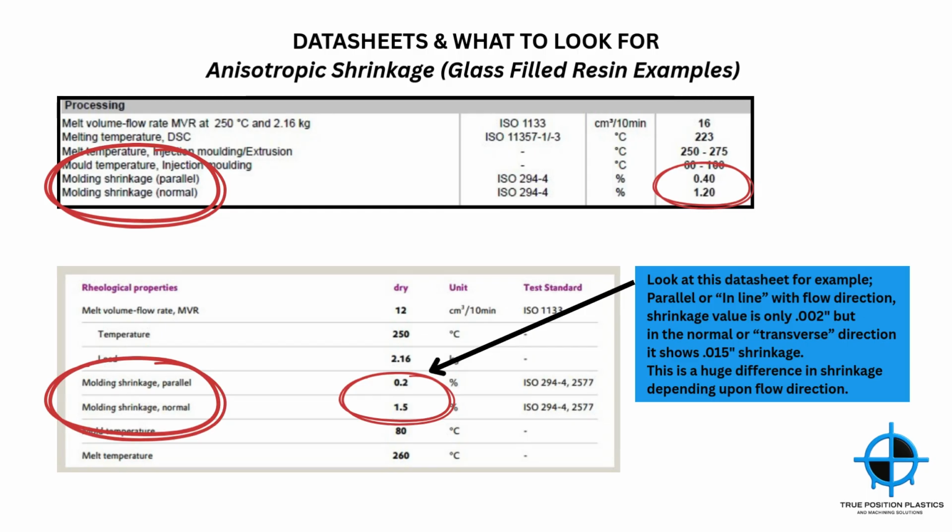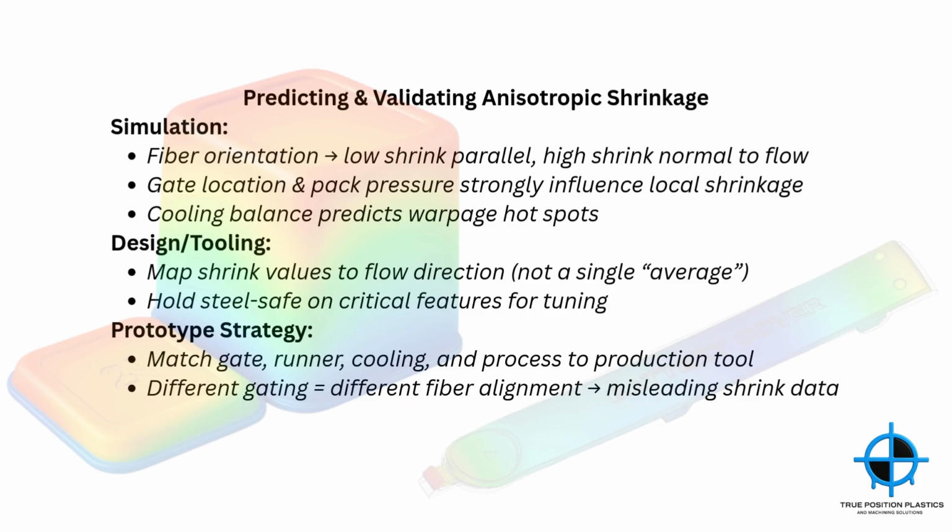That makes perfect sense. So knowing how destructive ignoring this can be, how do tooling and design professionals actually deal with it? How do they compensate effectively? This is where advanced tools and really careful planning come into play. One of the primary methods is using specialized software, things like mold flow analysis. This software can model the entire injection process.